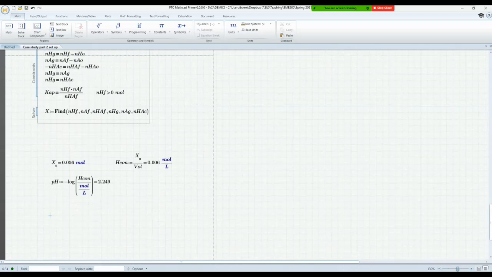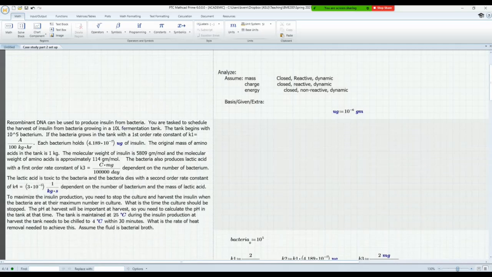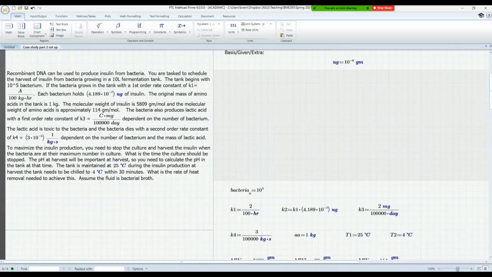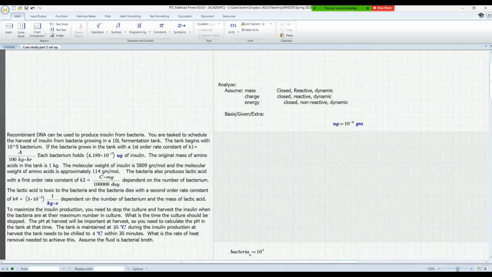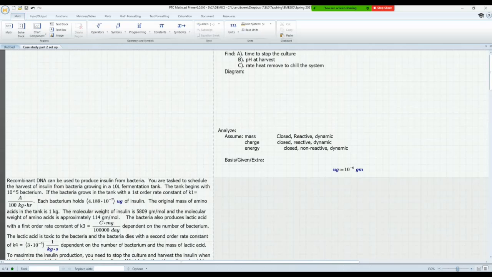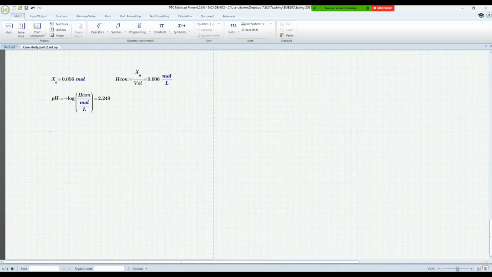So now how do you figure out the energy that you need to cool the system from 25 to 4 degrees C? That's just the energy balance for a closed, non-reactive, but dynamic system. So you're going to have a box that's got a Q coming out, but no mass flow.